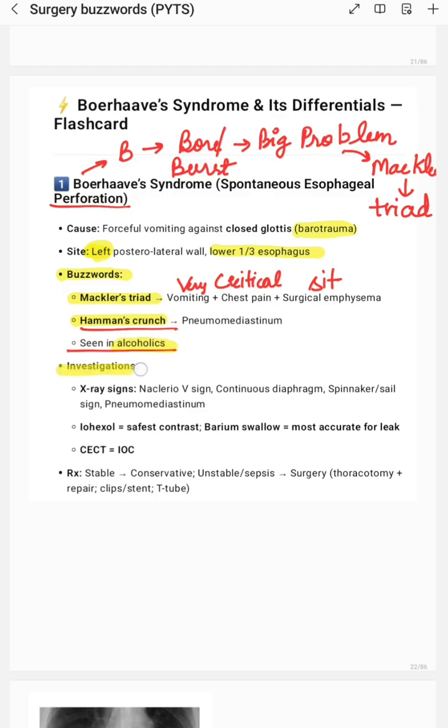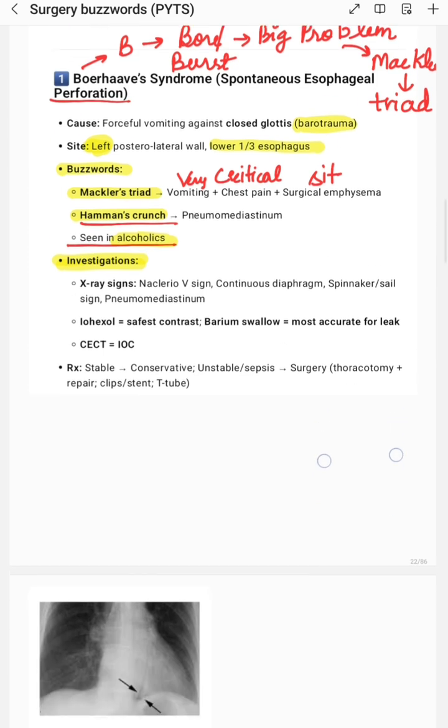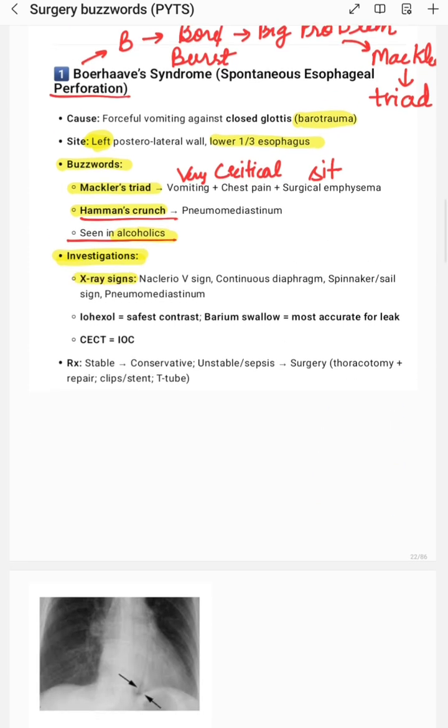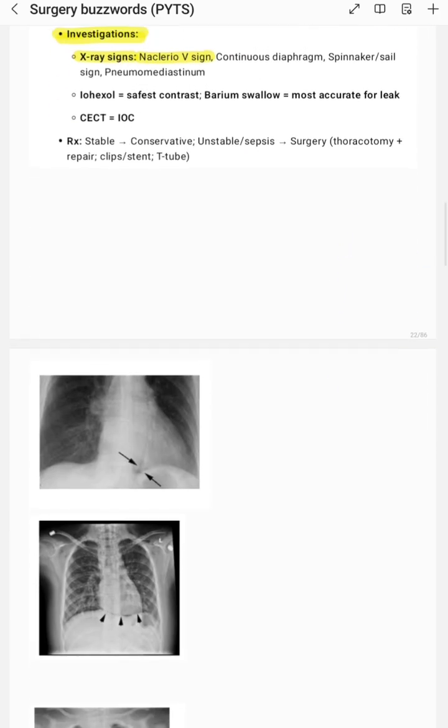Now when we investigate the patient and advise an x-ray, we'll see very classical signs in Boerhaave syndrome, because it's a big problem, a burst is happening here. So there are important x-rays with this condition. First is the Naclerio V sign.